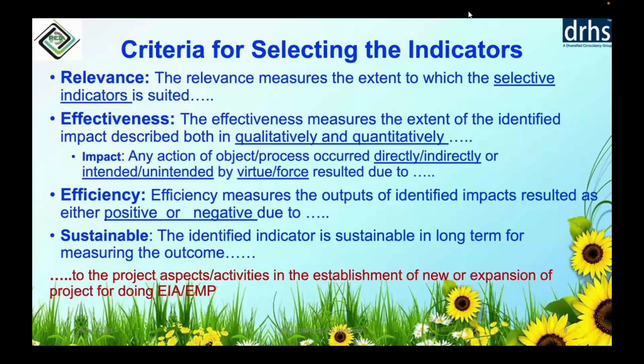It is not that in one EIA report you use one kind of data set and in another EIA another. So that sustainability, while selecting whether I will get the secondary or primary data of that particular variable. So whenever you develop your set of indicators for an EIA report, in defining the baseline or doing the impact assessment, please remember all these four important criteria.